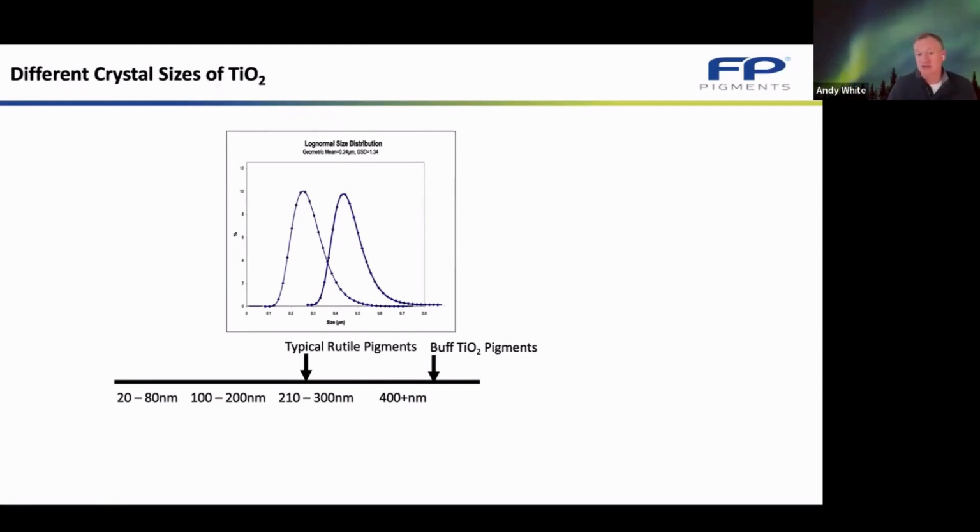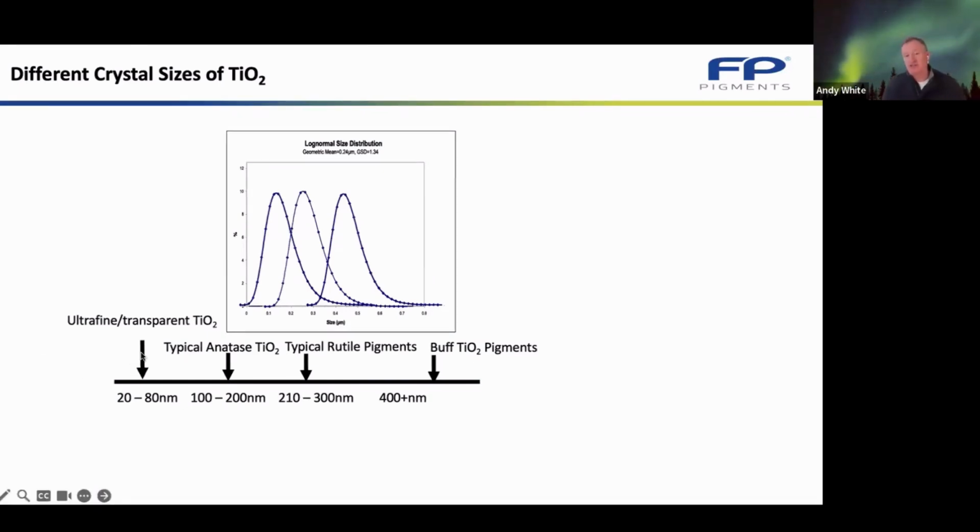There are other versions of TiO2. There's the buff titanium dioxide pigments that come in at plus 400. And there's also anatase pigments, which are used for specialist applications, that to be optimum for anatase at its different refractive index, need to be just below 200 nanometers. There are also some ultrafine and transparent titanium dioxides that lived for a while in sun creams, but I think are now used in photocatalytic applications and as catalysts.